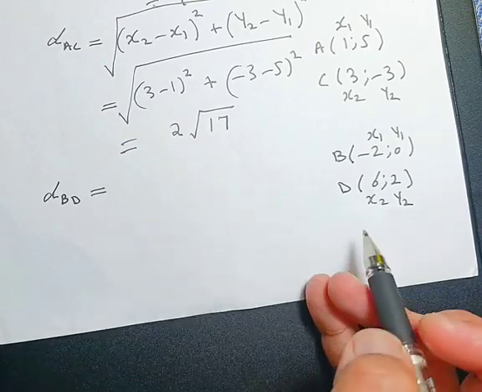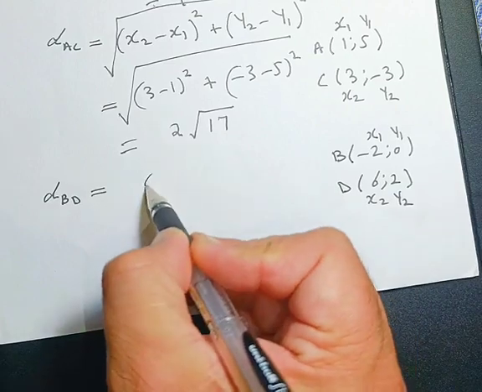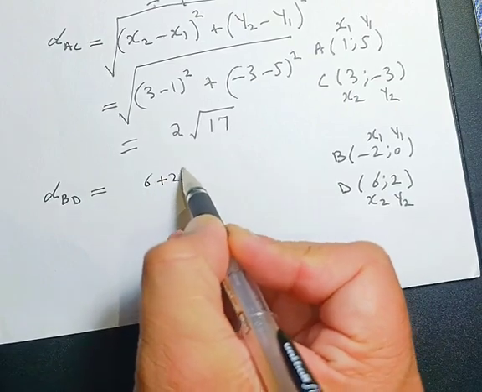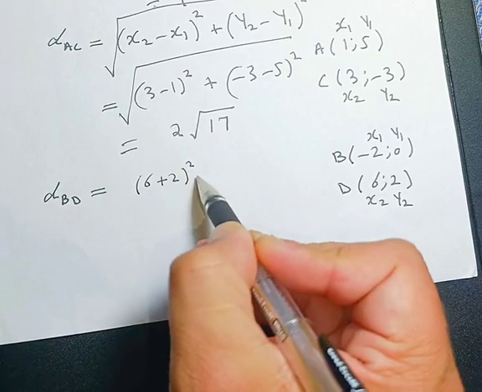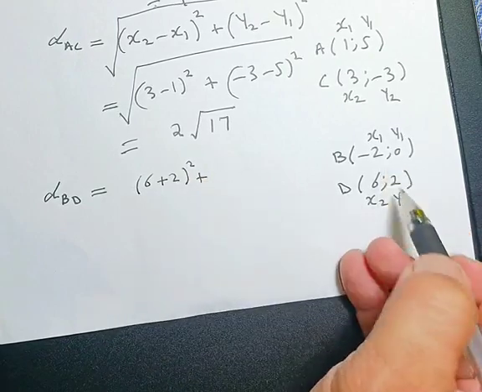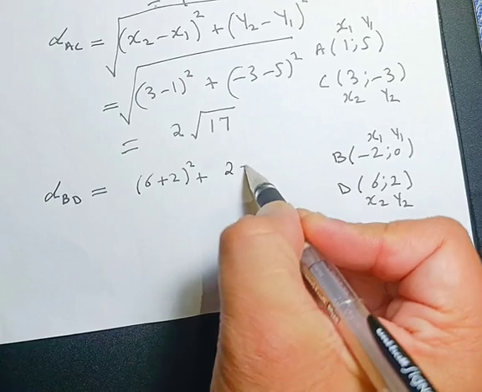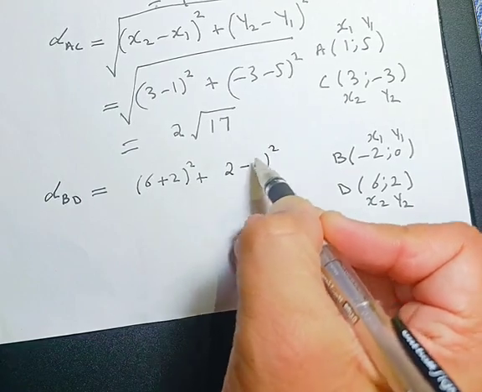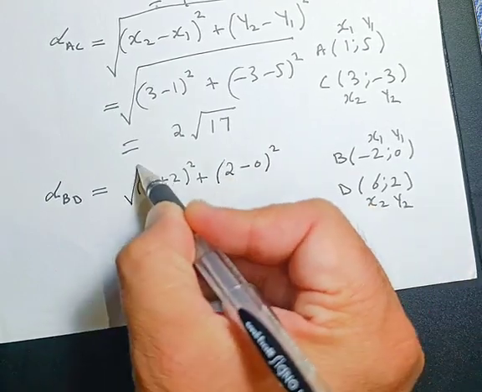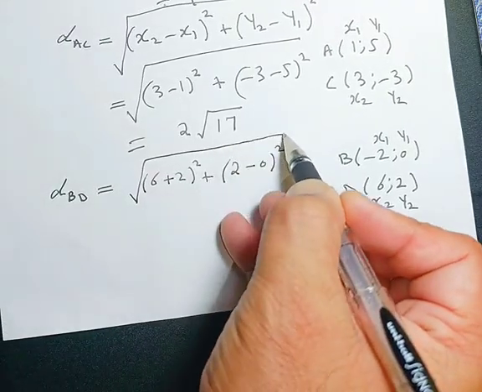So x2 minus x1, so 6 minus negative 2 becomes positive, 8, square, plus y2 minus y1, 2 minus 0, square, and you take the square root.